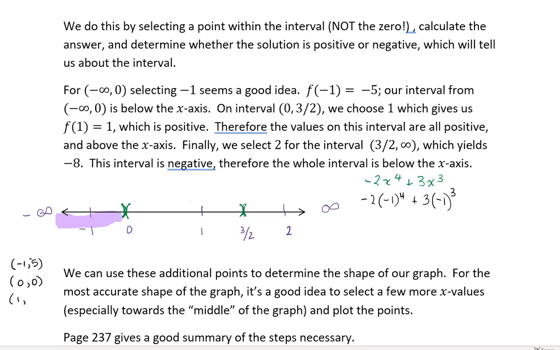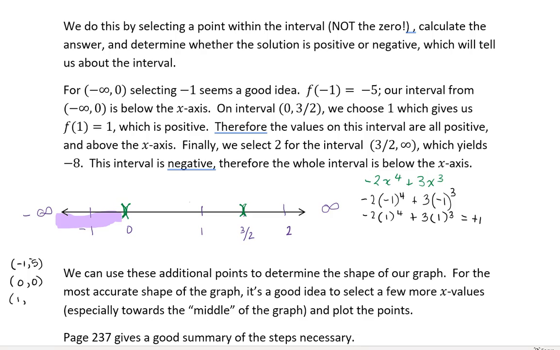Now I'm going to pick a 1, and we do the 1 in place. We've got -2 times 1 to the 4th plus 3 times 1 to the 3rd. That's going to get me a positive value. It's going to get me a +1.